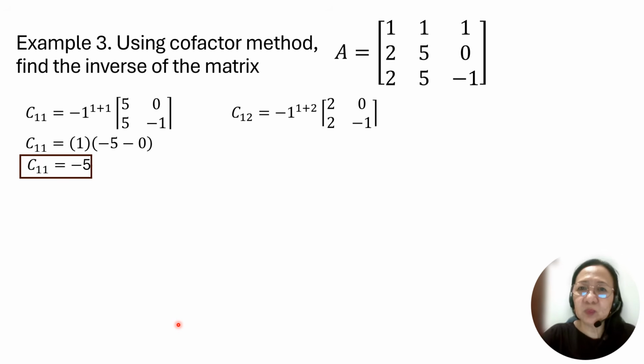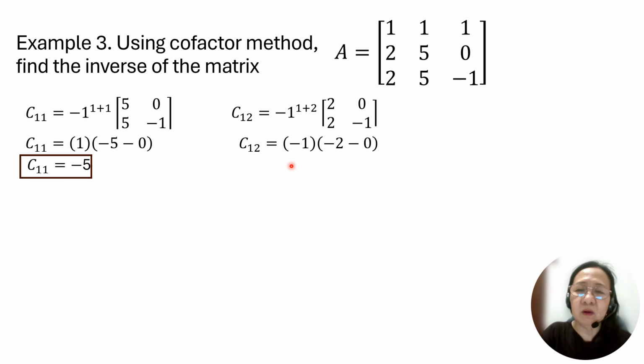For our C sub 12, our number is represented by 1. So what will be the sign? Negative 1 is raised to 1 plus 2. And then slash the first row, slash the second column. So the remaining matrix will be 2, 0, 2, negative 1. Okay, then simplify the result. 1 plus 2 is 3, so 3 is an odd number.